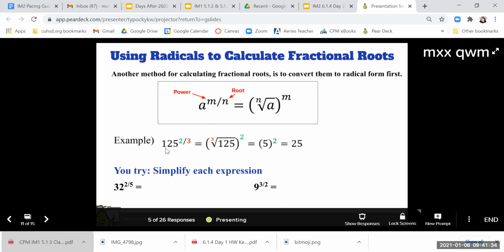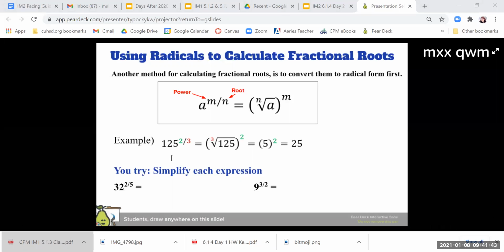So in this example, 125 to the 2/3, you can see that the root is a 3 and the power is a 2. So I'm going to just make a note. Root 3, power 2.